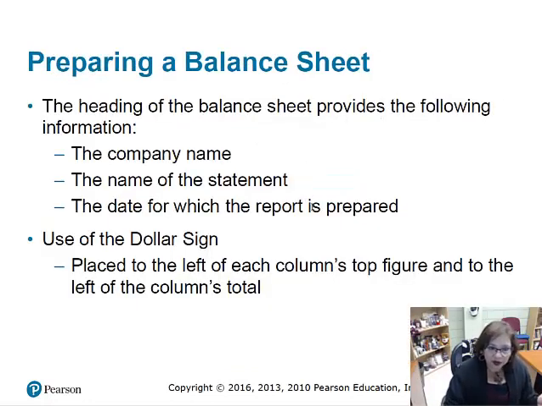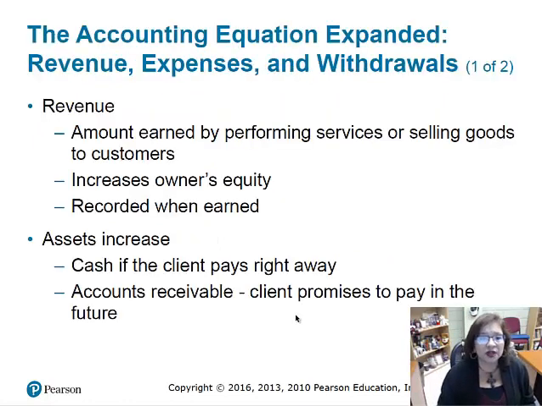So preparing it, of course, you're going to have the company's name, the name of the statement, the date, which is usually at the end of the month, and, of course, the dollar sign on each of the columns top figure to indicate that this is money that we're dealing with, not just random numbers. This is money.